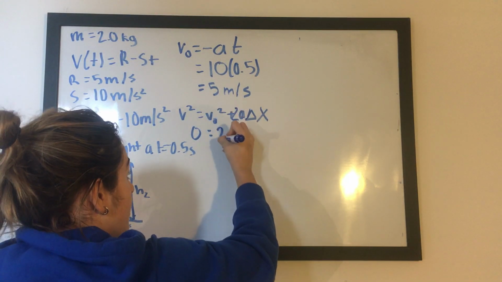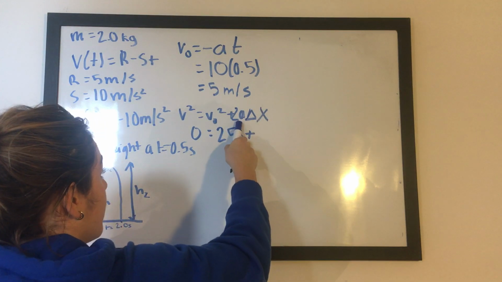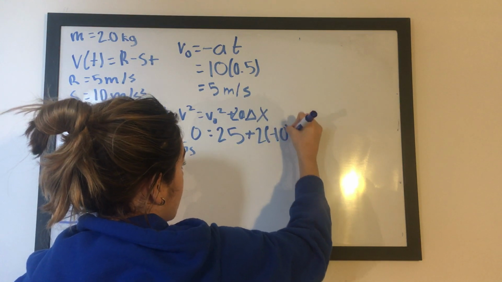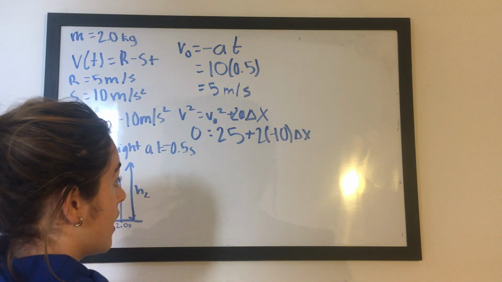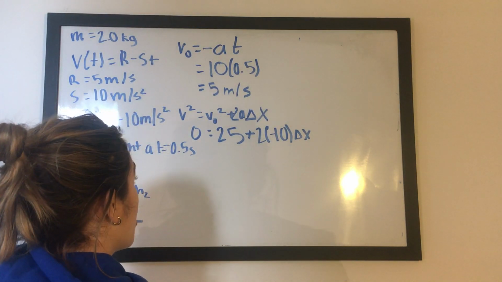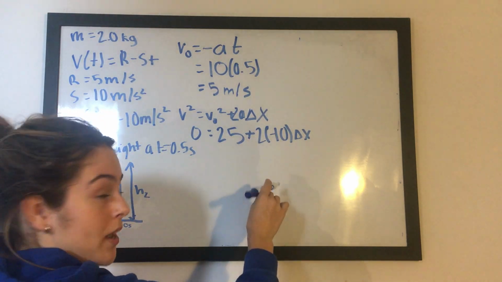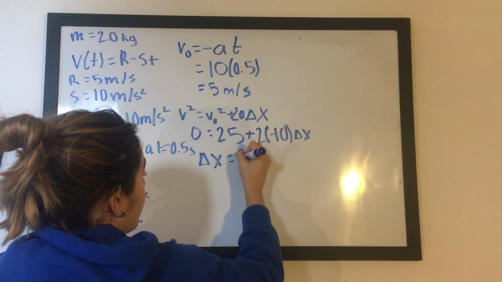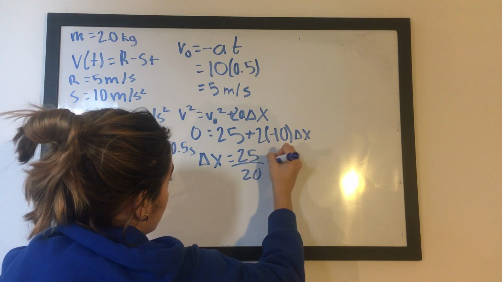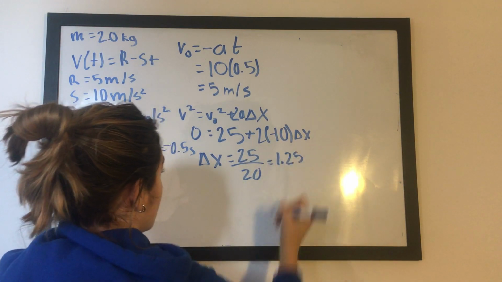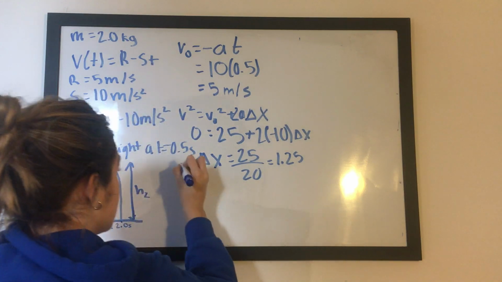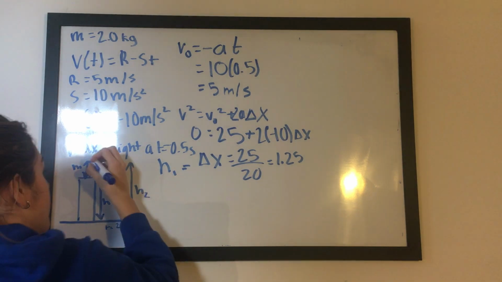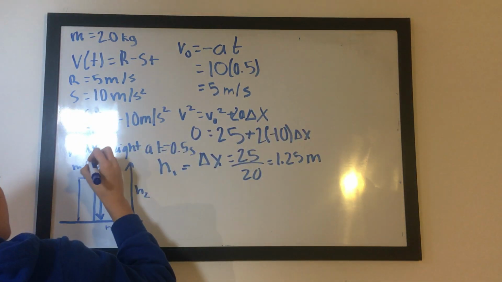So 5 squared is 25, plus 2 times negative 10 times change in x. We want to solve for change in x. So we subtract 25, divide by negative 20 on both sides. We get change in x is equal to 25 over 20, which is equal to 1.25, which is also known as height 1. So we've officially solved for height 1 here. We've got 1.25 meters.